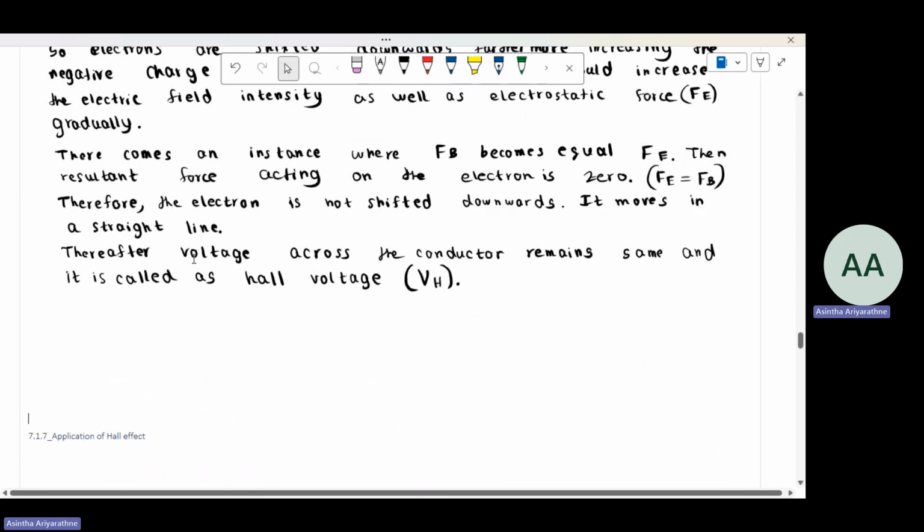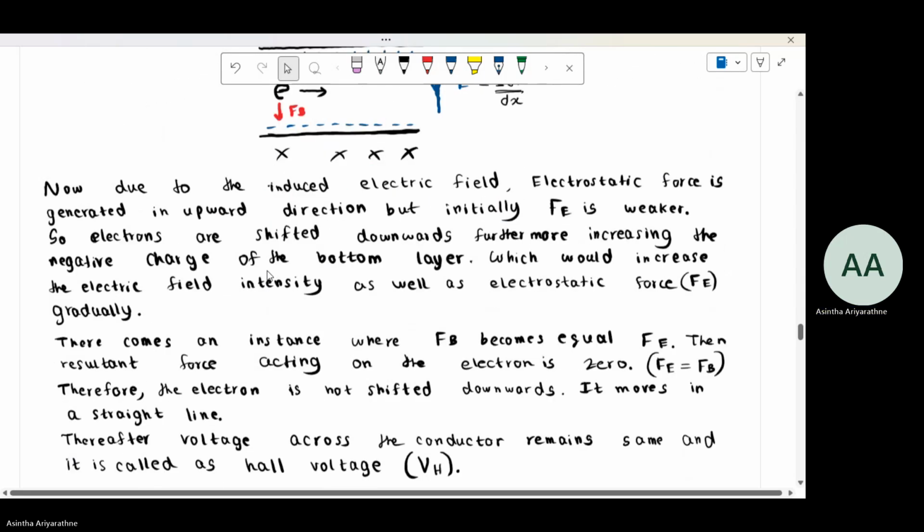It is called the Hall voltage, that's VH.